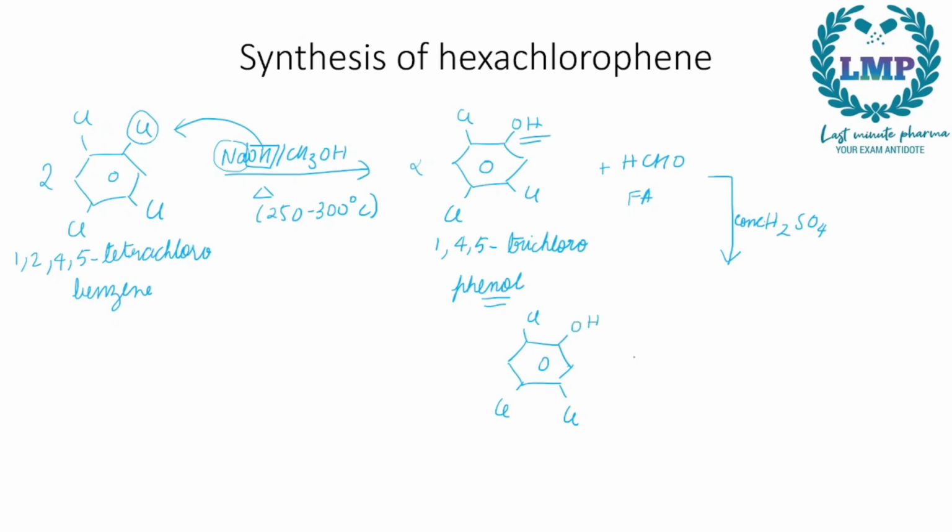We'll write another molecule of the same one, OH, chlorine, chlorine, chlorine, and since it's a formaldehyde, we will add here CH2 group. So we get hexachlorophene.